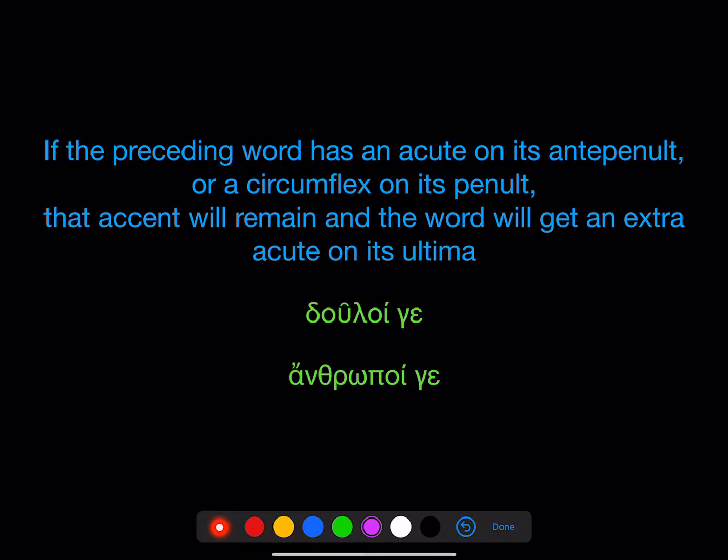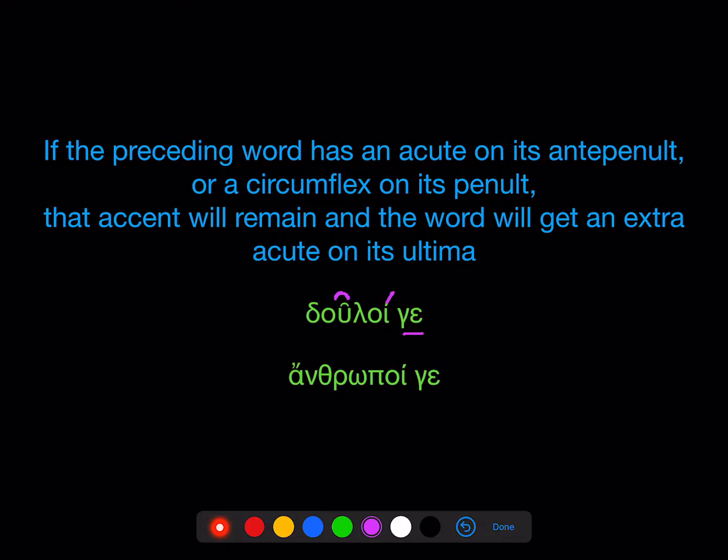If the word before an enclitic has an acute on its antepenult or a circumflex on its penult, that accent remains and the word will get an extra acute on its ultima. So the word douloi starts off with a circumflex on its penult. When you follow it with the enclitic ge, it gets an extra acute on its ultima.